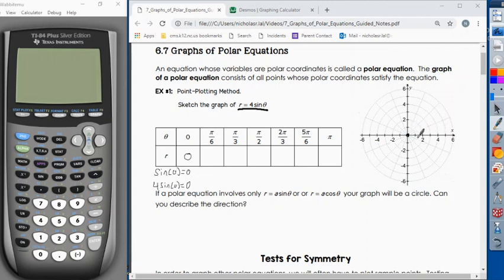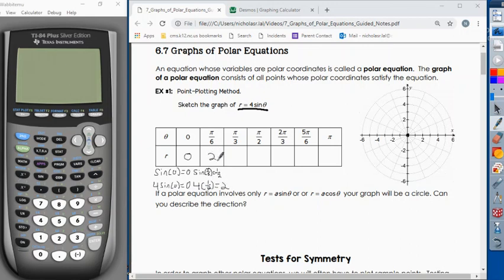Now, when theta is pi over 6 radians, you can look at the sine of pi over 6. The sine of pi over 6 is 1/2. So 4 times the sine of pi over 6, which is 1/2, is going to be equal to 2.